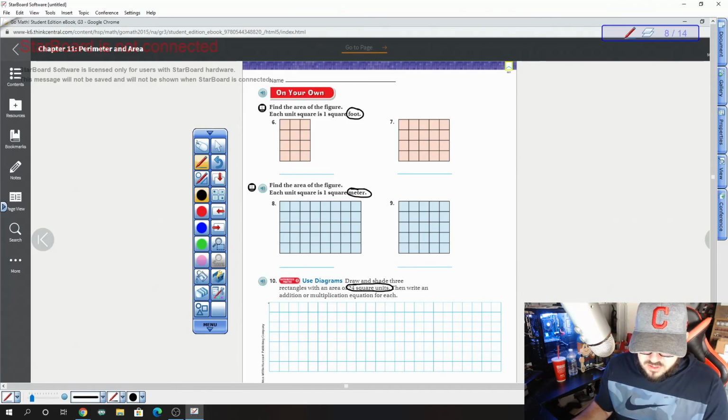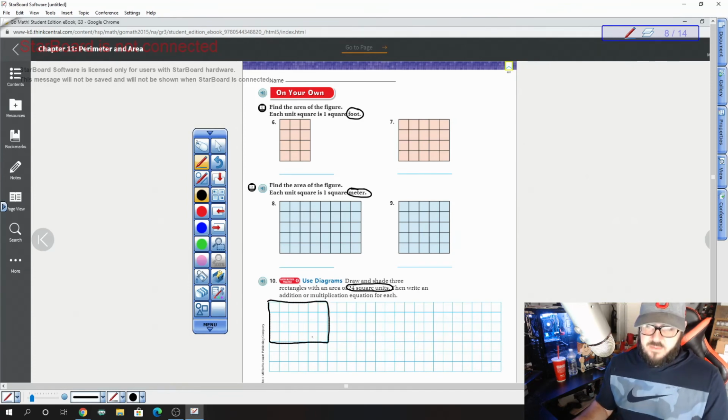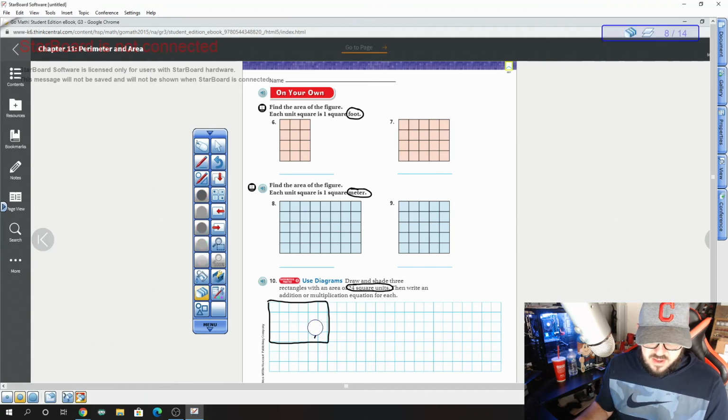All right, so I'm just going to go down 1, 2, 3, 4, and over 6. 1, 2, 3, 4, 5, 6. There's my shape. If you want, you can fill in the lines in the middle, but it's not necessary. Okay, I already have the lines in there. They're just in blue. So this is a rectangle with an area of 24 square units. They want us to shade it, so we'll just do this.